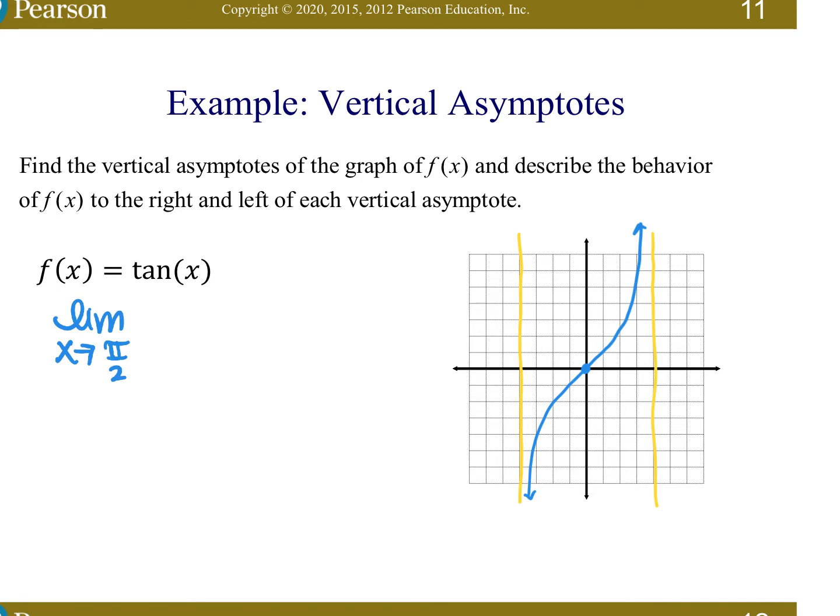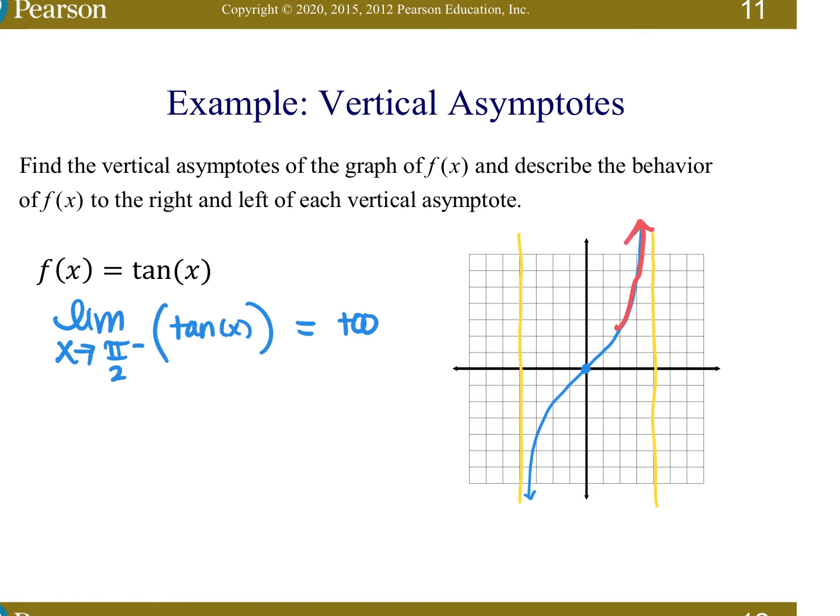Okay, the limit as x approaches pi over 2 from the left, okay? Not equals, you need something here, of f of x, of tangent, which is our f of x right now. Now you can say equals. Equals positive infinity. Great.